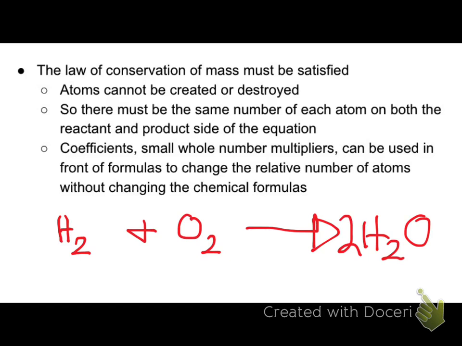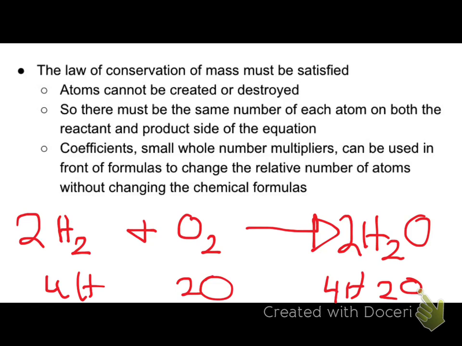So really, on this side of the equation, now I have 4 hydrogens and 2 oxygens. But that's still not balanced, is it? Because how many do I have on the other side? 2 hydrogens and 2 oxygens. Is there a coefficient I could add to the other side to balance this? Yes, I could put a 2 in front of the hydrogen, and that would yield a total of 4 hydrogens and 2 oxygens on both sides of the equation.